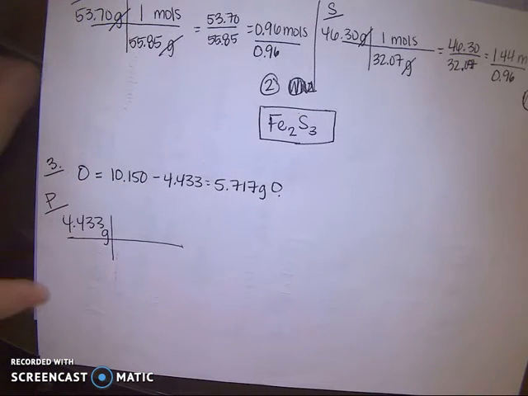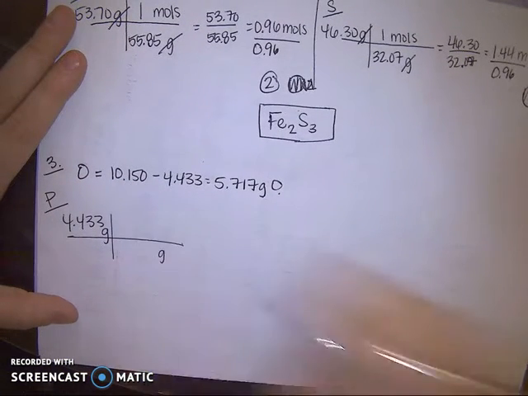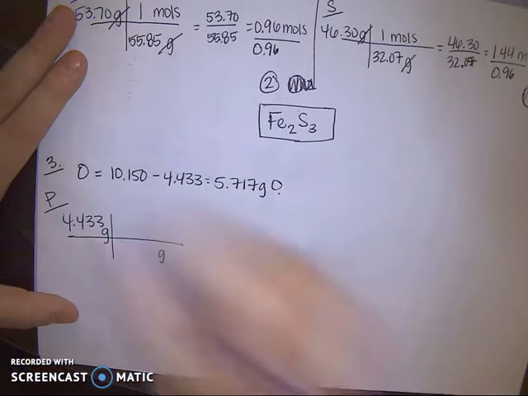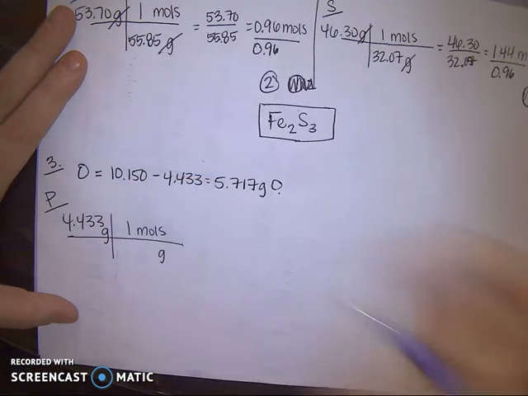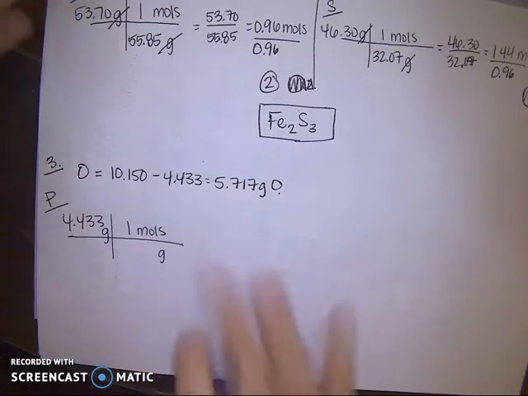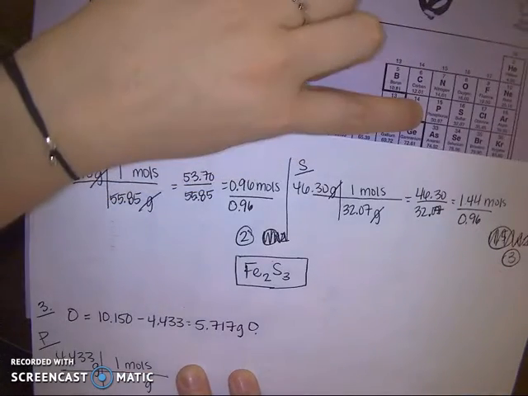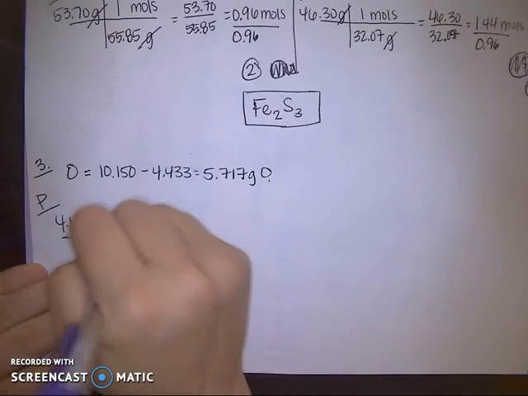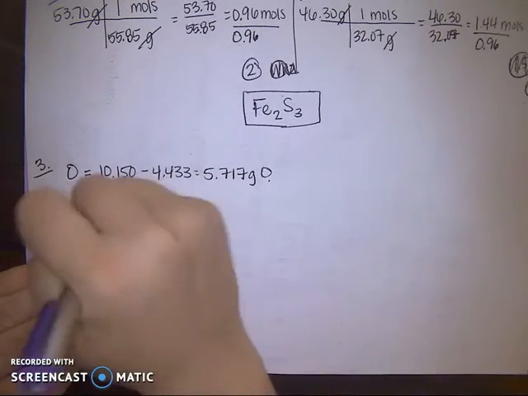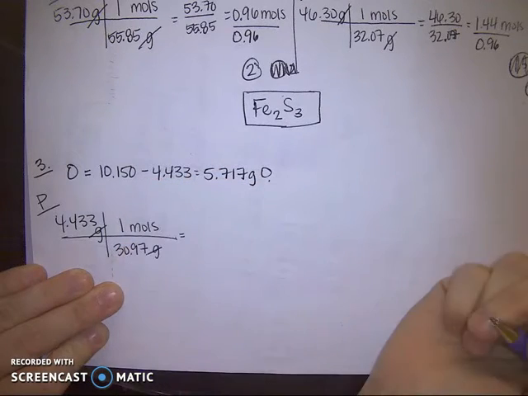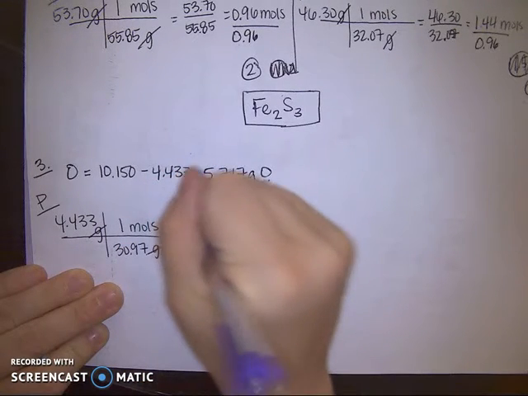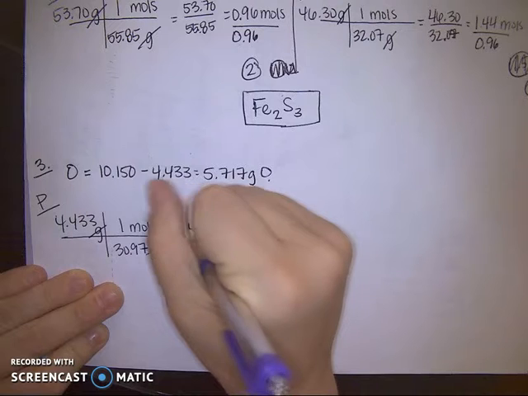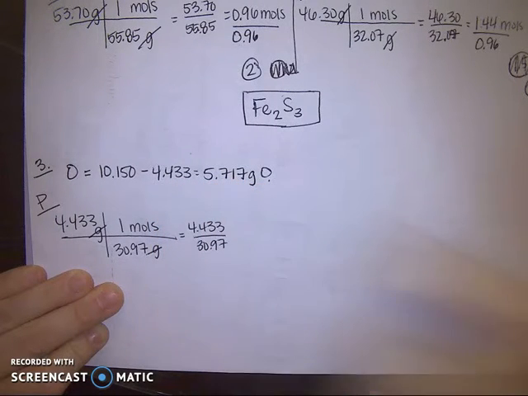I'm converting that into a mole. Grams has to go on the bottom because you want those to cancel out. I'm converting it into 1 mole. I find P on the periodic table. Phosphorus is element 15, so that's a mass of 30.97. Cross out, across the top, multiply, divide by whatever's on the bottom.